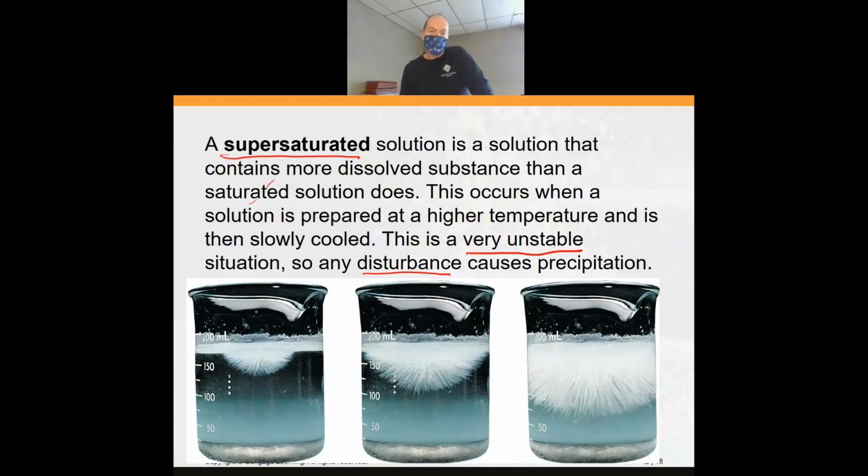What they're doing here is a supersaturated solution. If you add a crystal, which is a disturbance, it will cause all the excess solute to precipitate out immediately. This grows very fast and precipitates out all of your solid. So a supersaturated solution is unsaturated, but it is supersaturated.